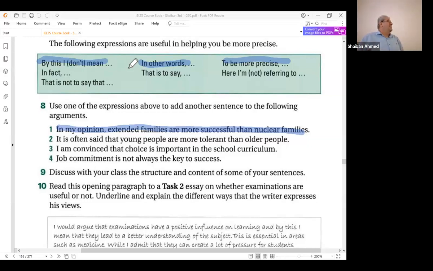By, for example, give me an example. Come on, guys. Okay, that's the big family, to do the school homework. So the elder brothers can help in the homework of younger brothers.